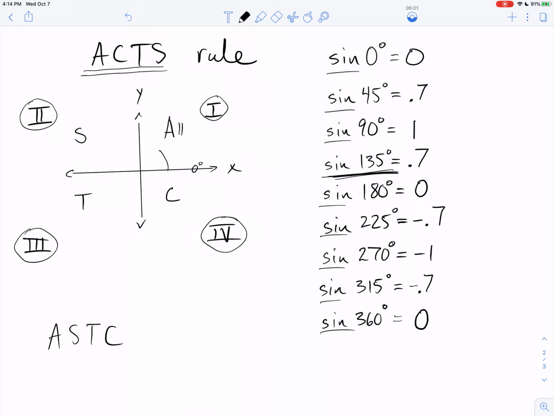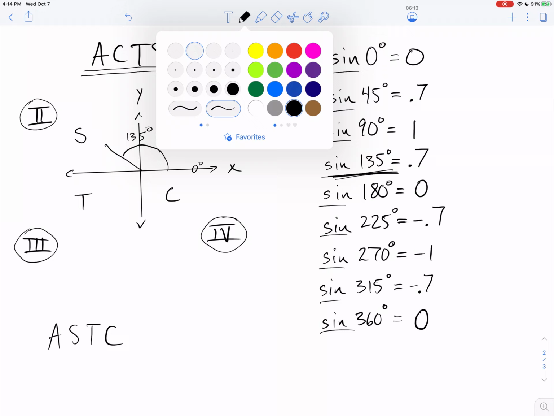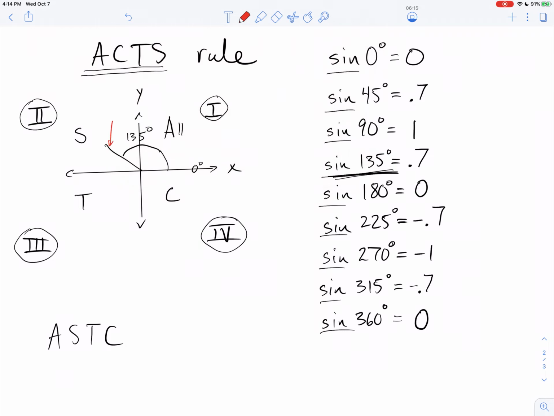While I'm still in quadrant 1, all trig functions would be positive, but when I go into quadrant 2, there's a 135-degree angle. This guy right here, going to get my red pen, this guy right here would be called the terminal side of that angle. Well, the terminal side of that angle is in quadrant 2.